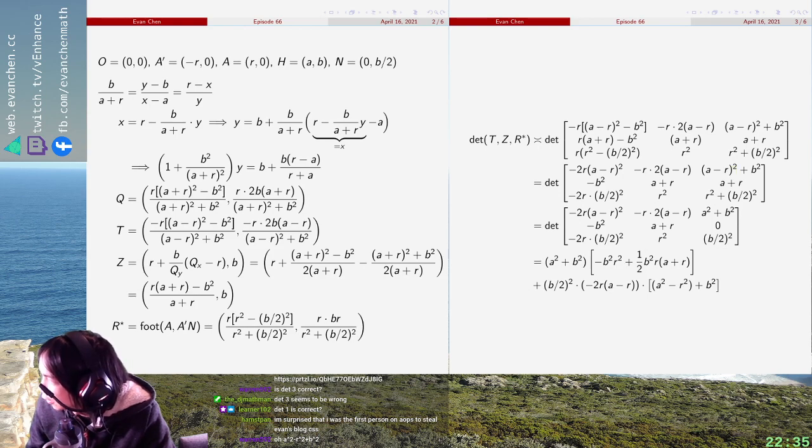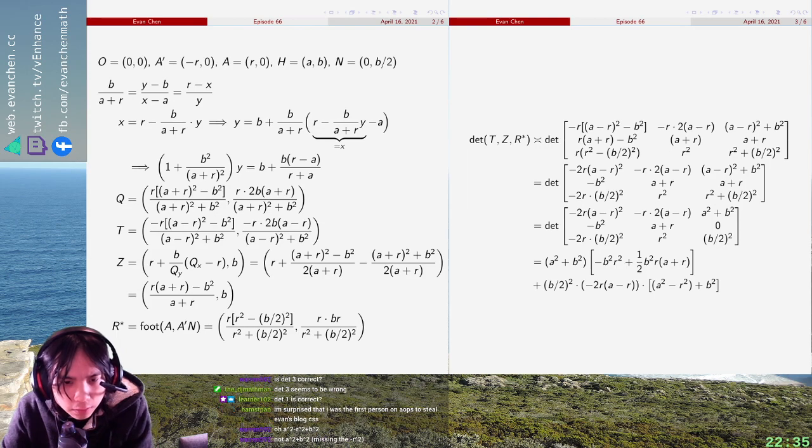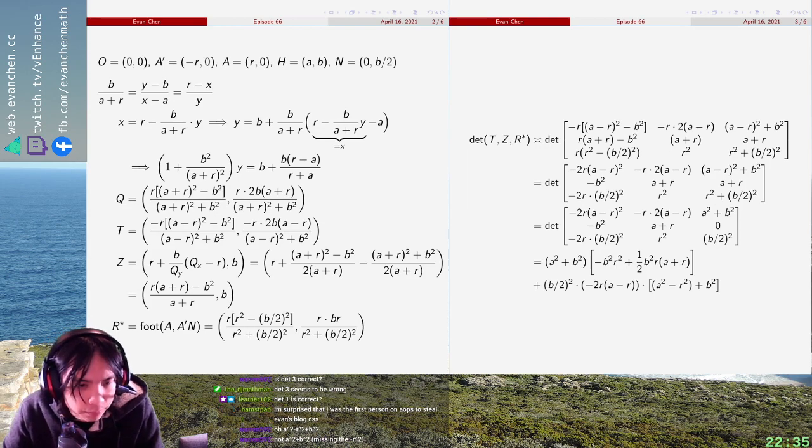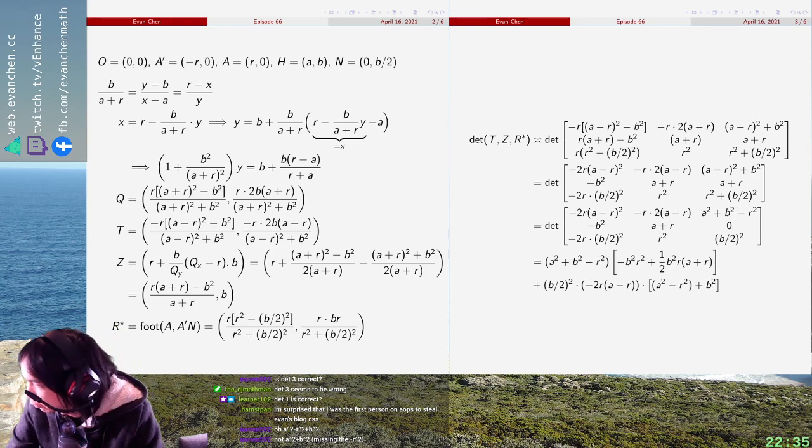Plus 2r squared. So this is a squared plus b squared minus r squared. Ah, there we go. Yeah, the other way I should have been able to debug this is by just plugging in a equals b equals r equals 1 or whatever, and seeing which determinant is the first one. But okay, great. Now it should match up, right? Yeah, this should match up exactly.